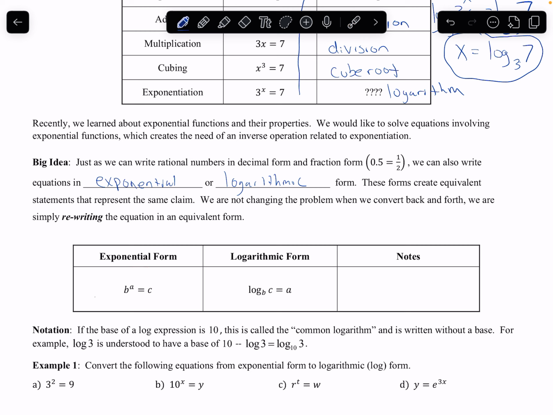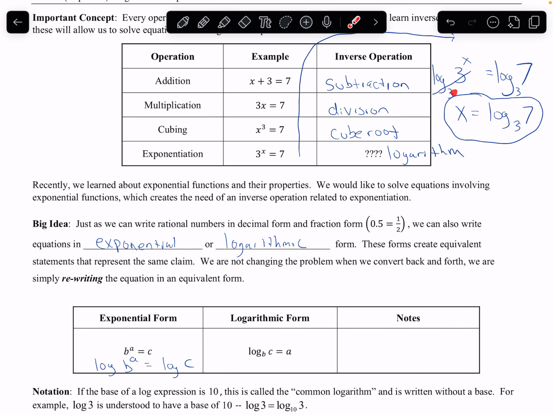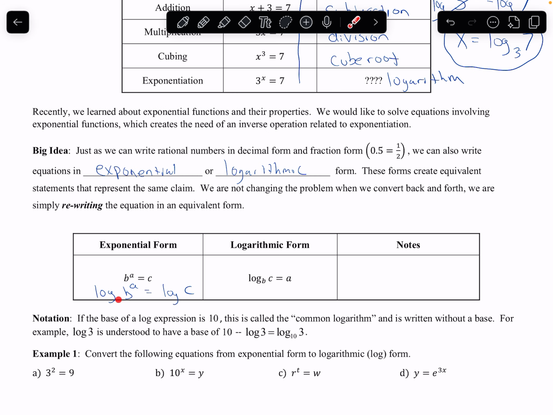So I'm going to take a log of both sides. Log of b to the a equals log of c. I took the log of both sides. And just like up here, that number had to match this number, same thing here. What goes right there has to match this.